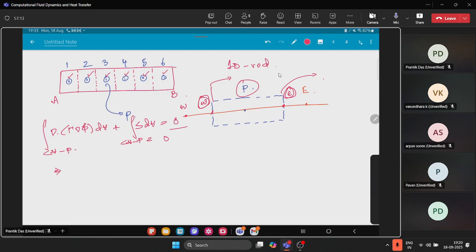Then I integrate with respect to the differential control volume, and then I am going to discretize it. How? I have to convert this volume integral into a surface integral, which I do by using the Gauss divergence theorem: integral of n cap dot gamma grad phi plus s dV equal to 0.